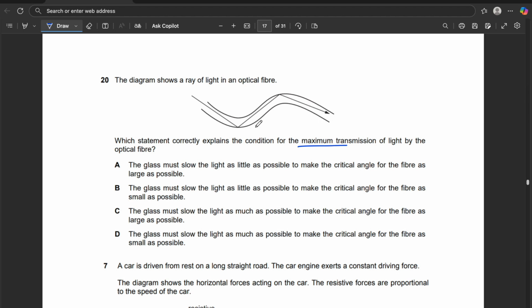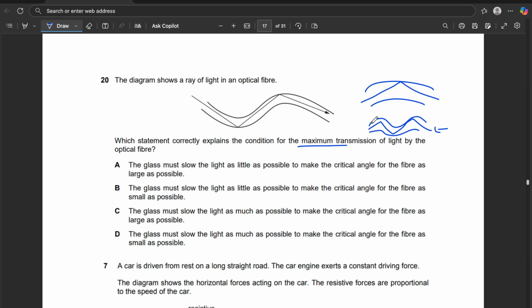For maximum transmission you will need to have more reflections, right? This is quite intuitive. Rather than just having it like this, with more obstacles you will reflect more, and this will be more transmission rather than just one reflection.